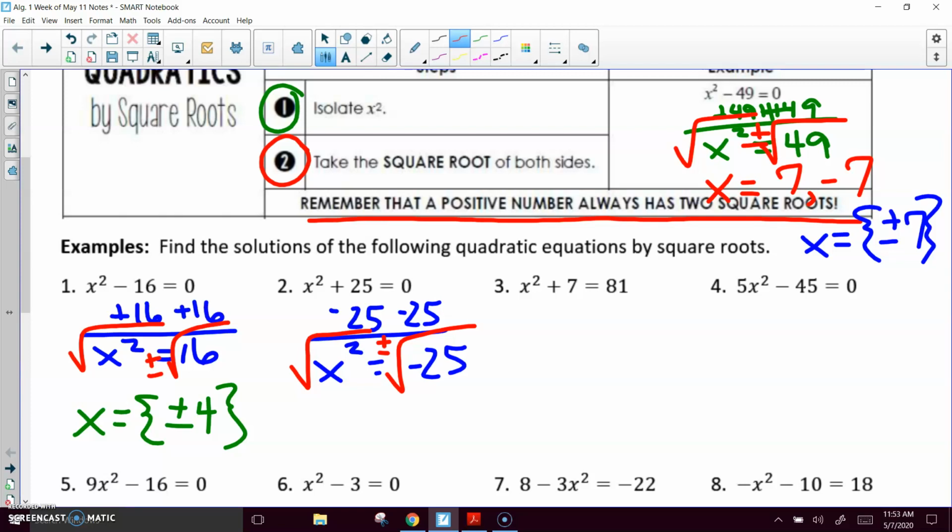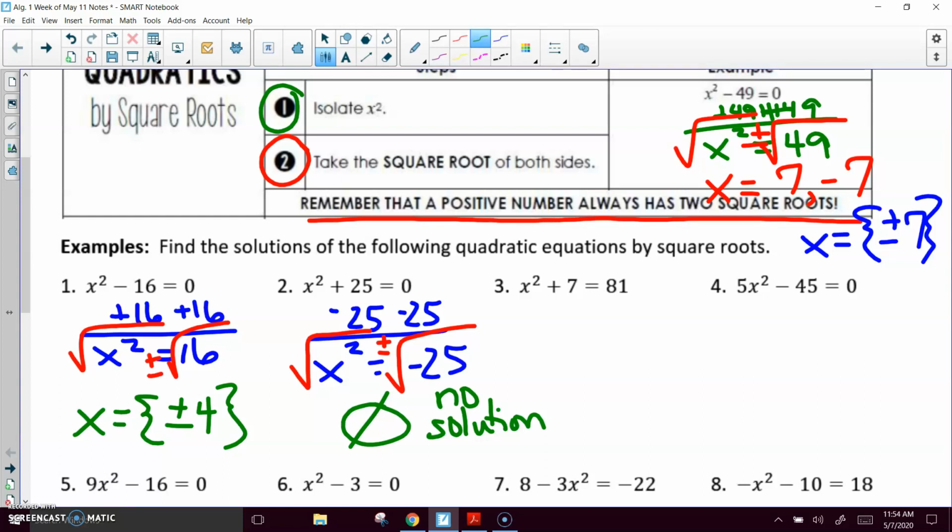If I square negative 5, I still get positive 25. In our world of Algebra 1, there are no numbers that we can square to get negative 25. You'll investigate that more in Algebra 2 with imaginary numbers. So for our purposes, because no number squared equals negative 25, my answer is no solution. You can either write that as the 0 with the slash through it, or write the phrase no solution.